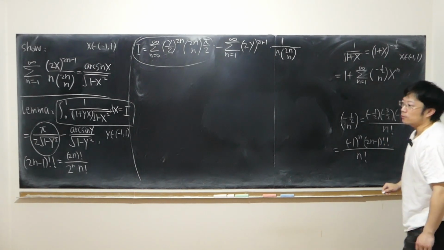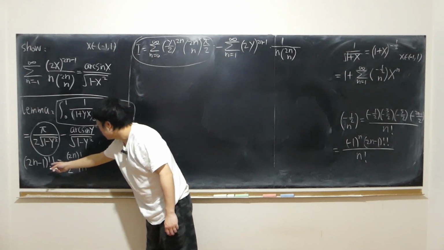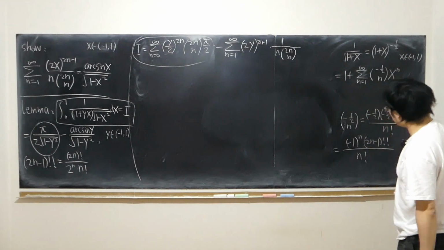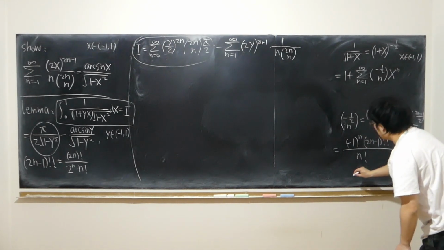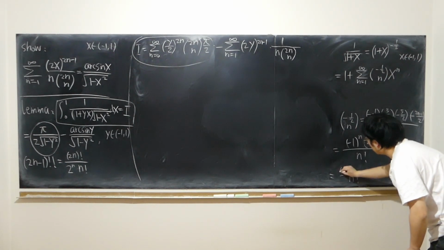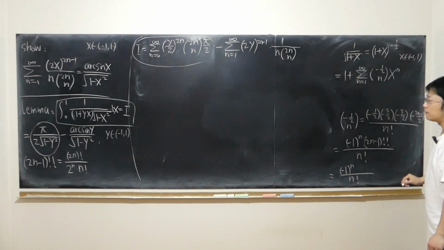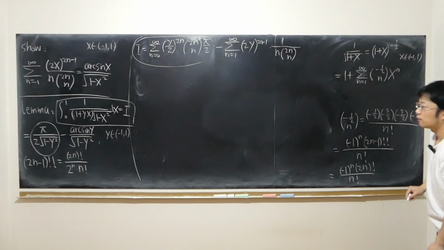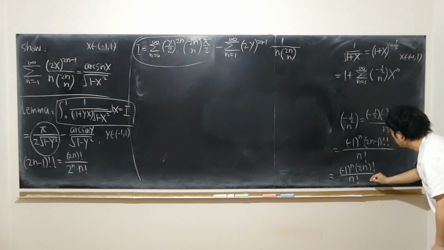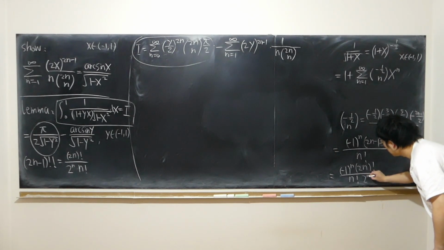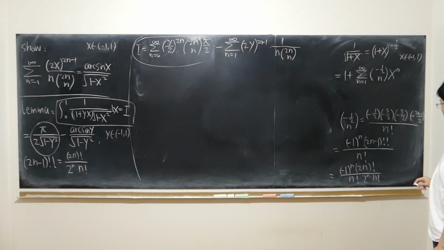Then we're going to use this lemma again, replacing the 2n minus 1 double factorial with single factorials. So we get negative 1 to the n, 2n factorial, over 2 to the n times n factorial.